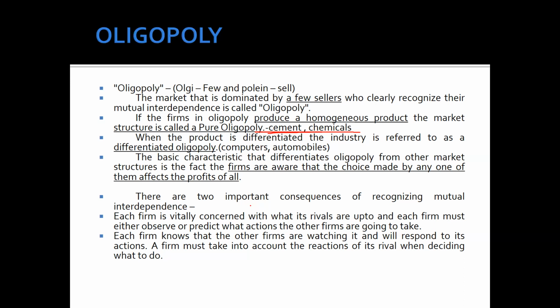The basic characteristic that differentiates oligopoly from other market structures is that firms are aware that the choice made by any one of them affects the profits of all. If somebody takes any decision, it impacts the other competitors or rivals existing in the market.